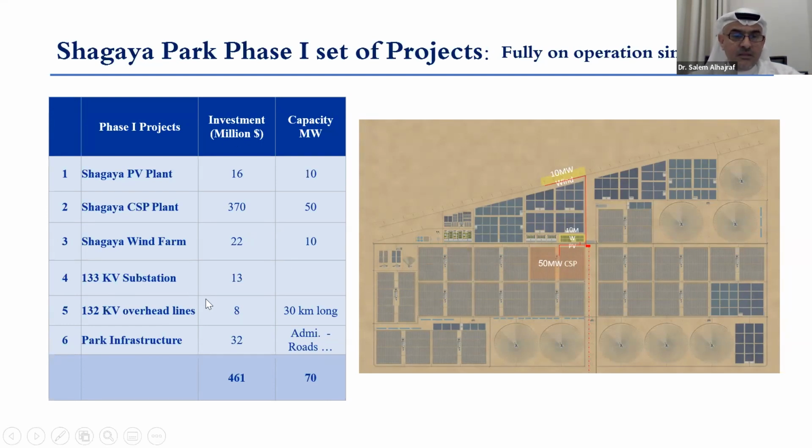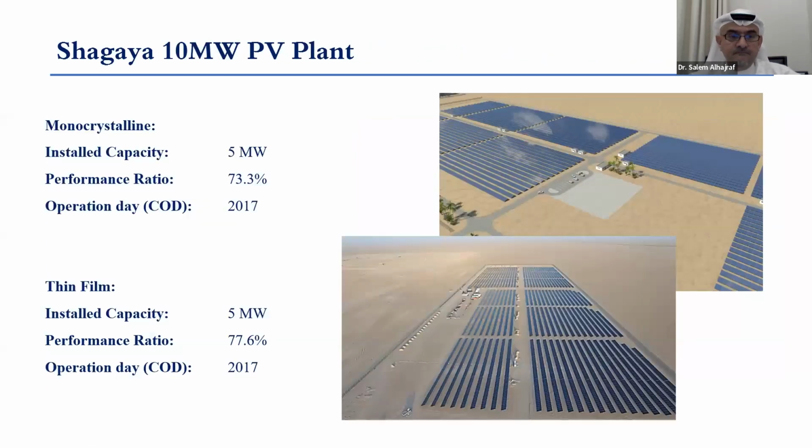The total investment spent for phase 1 is about $460 million, and the total capacity of phase 1, which is in operation right now, is 70 megawatt. That was a demonstration. A lot of lessons have been learned from this pilot project, some of which we will hear from our guest speakers.